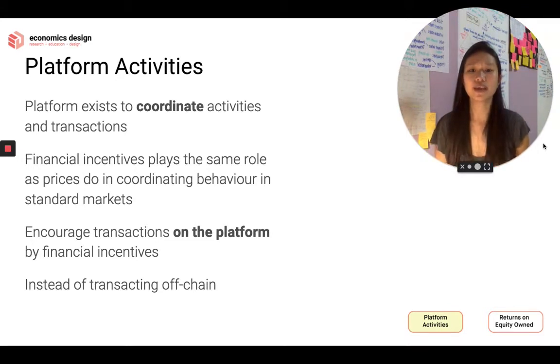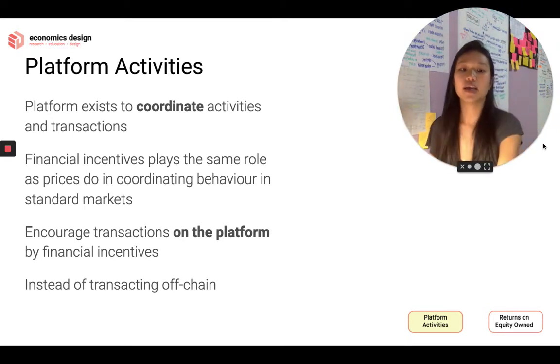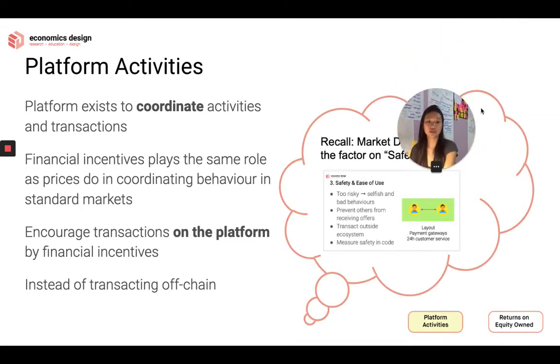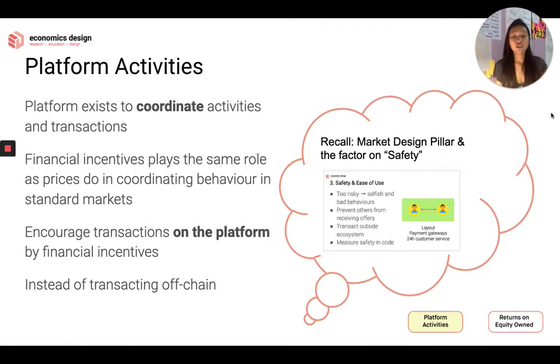Another important thing is we want to ensure that people are transacting on the platform instead of transacting off-chain, instead of transacting outside of the platform. We want activities to be done on the platform. And if you remember, we talked about that in market design, the pillar of market design, and specifically the factor in safety.